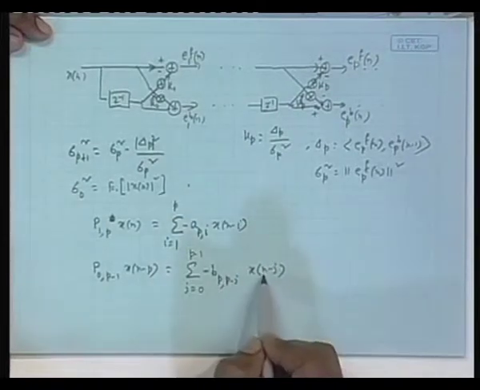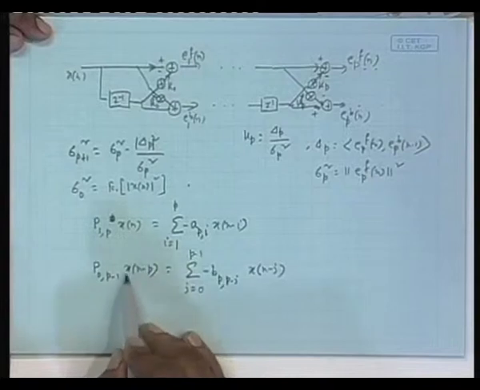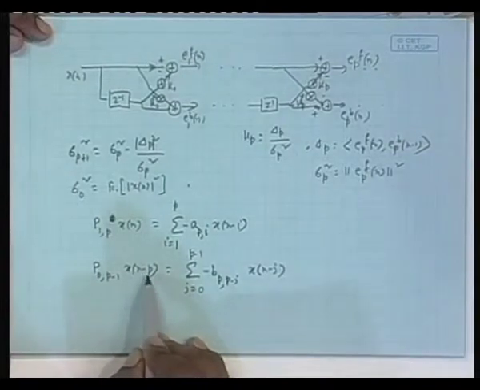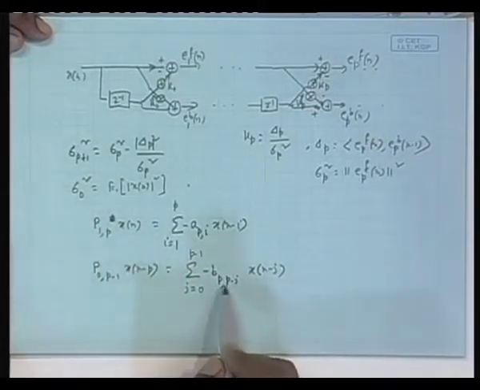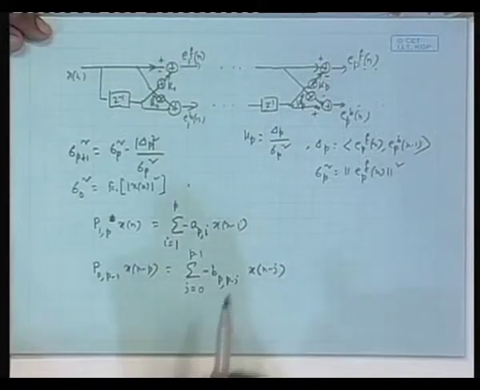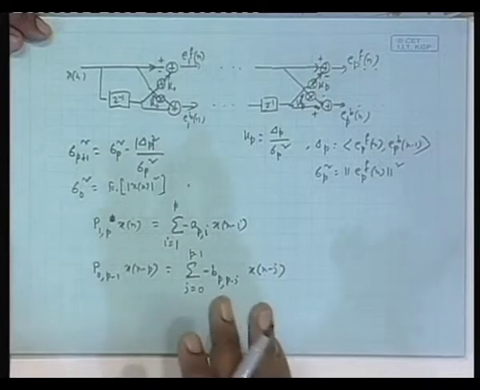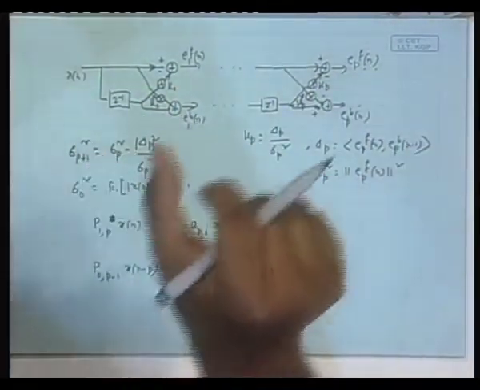Okay. Here, the sample I am projecting is x n minus p, but I am not taking the coefficient with n minus p plus 1, that is the immediate neighbor, as b p comma p minus 1. I am taking that to be b p comma 1 in fact. You understood the philosophy? x n minus p is projected on the space spanned by x n, x n minus 1 up to n minus p plus 1.